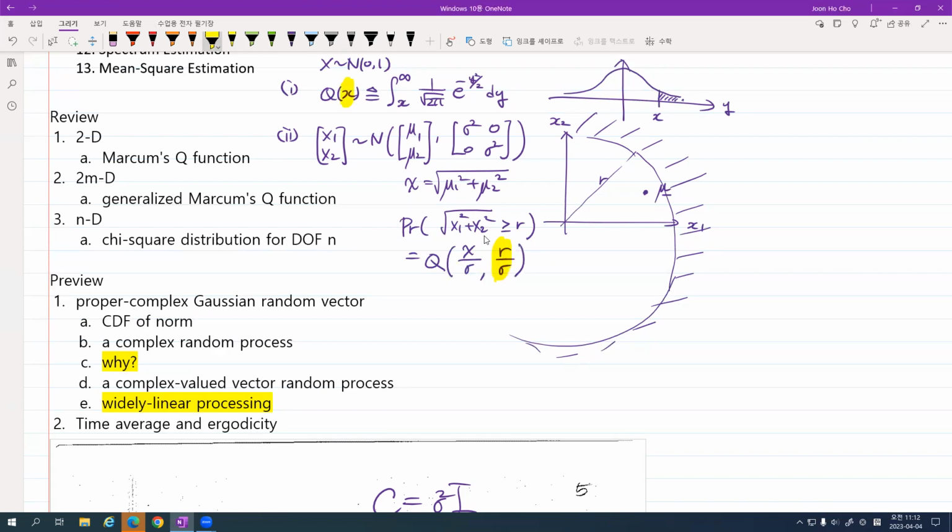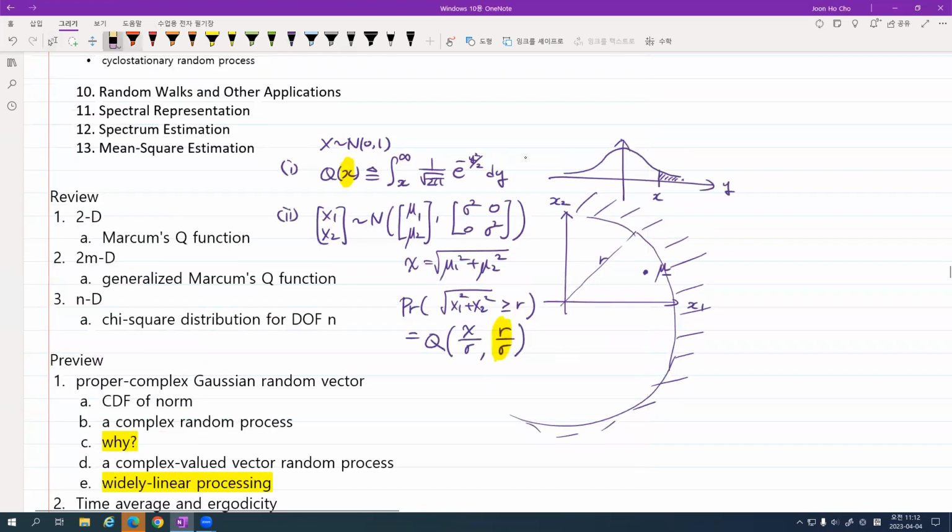By the way, for a general Gaussian random variable following this distribution, if you want to compute x greater than or equal to r, then it becomes Q of r minus mu divided by sigma.